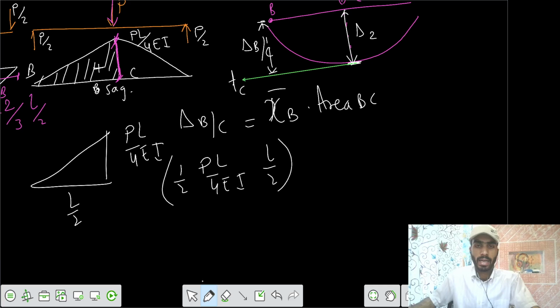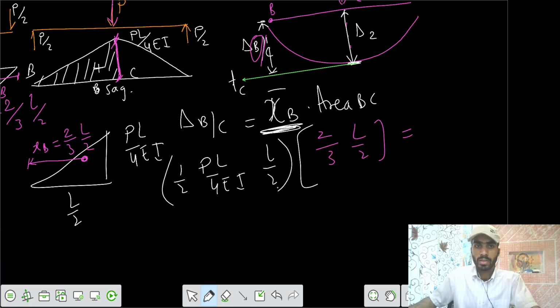You have to multiply it with the centroidal distance from point B, because you are calculating about point B. So XB equals 2 by 3rd of L by 2. So this value delta 2 also comes out to be PL cube by 48 EI.